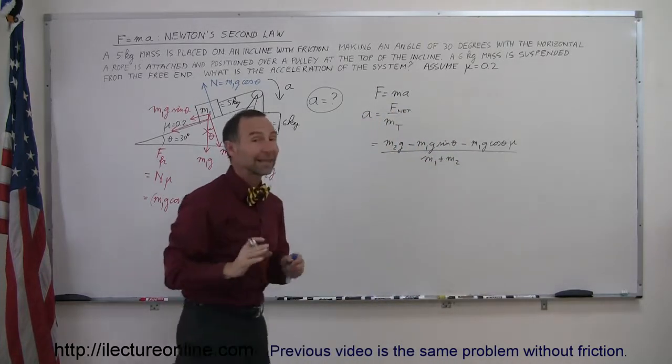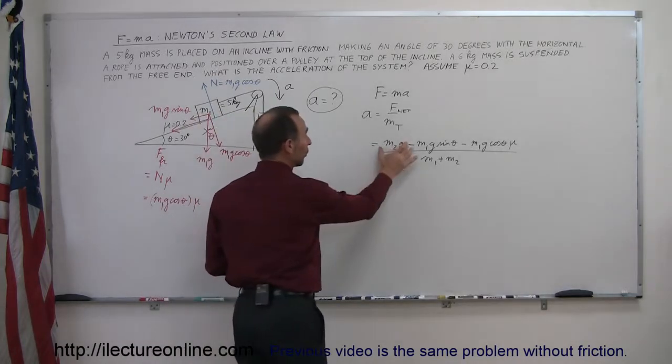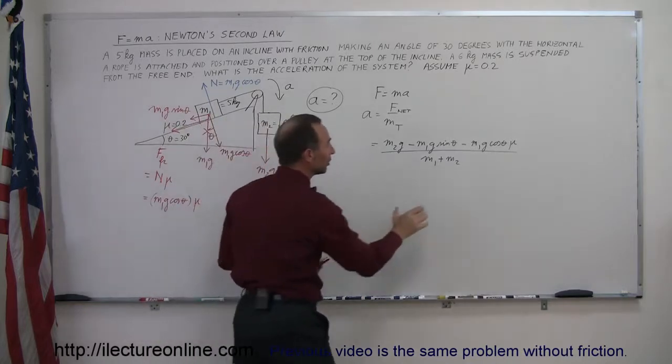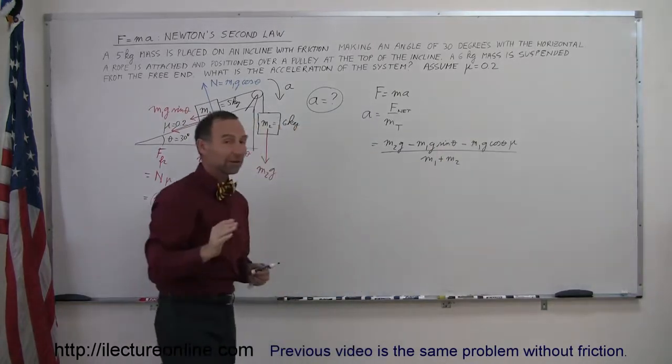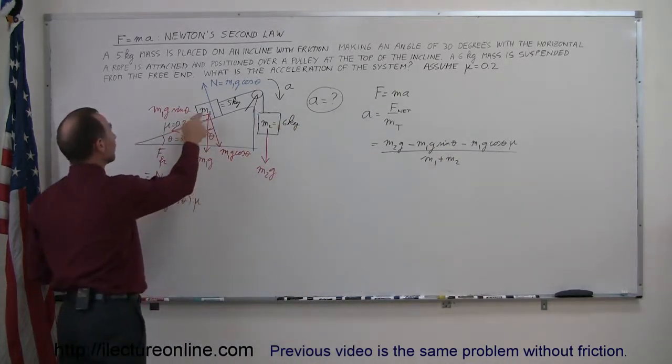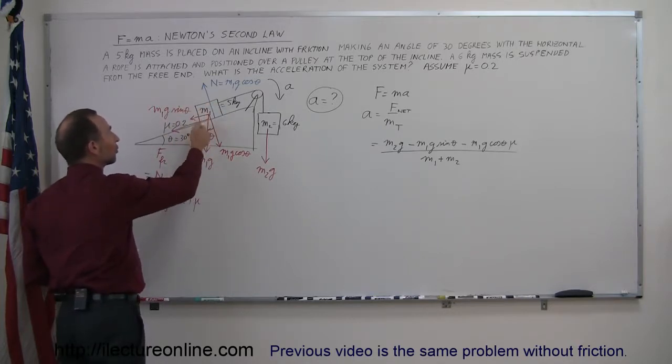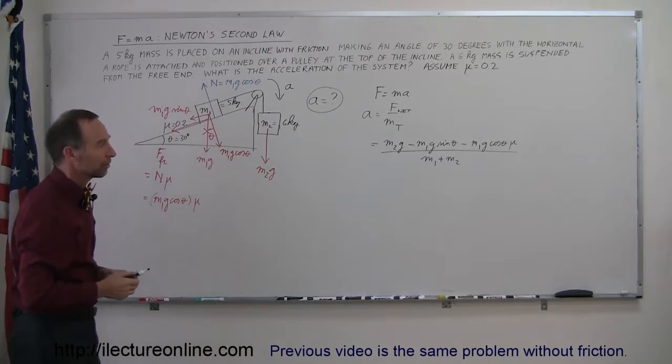So here you can see that the net force on the system is the force caused by the weight of m2 aiding the acceleration, and then the two opposing forces subtracted from it, which is the weight along the incline of the first mass, and then the friction force also opposing that acceleration.